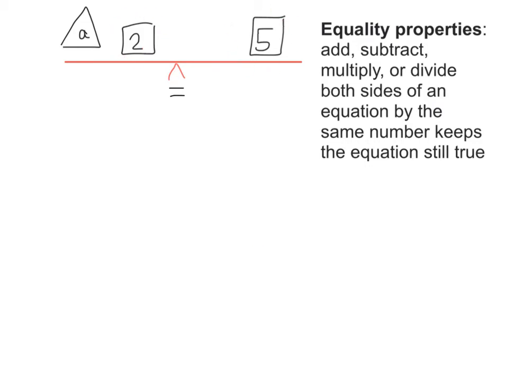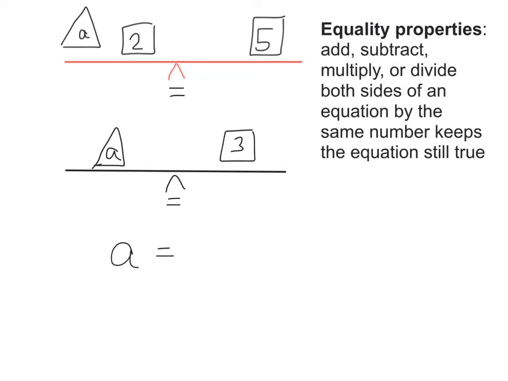That would leave me with a on the left side, because I took 2 away, and taking 2 away from 5 leaves me with 3. So my resulting equation says a equals 3, or there would be a weight of 3, or 3 counters in here to equal these 3 counters over here.